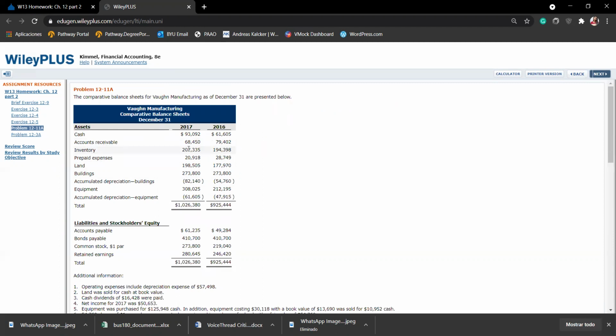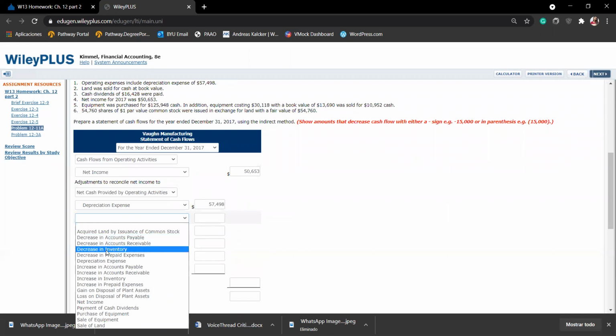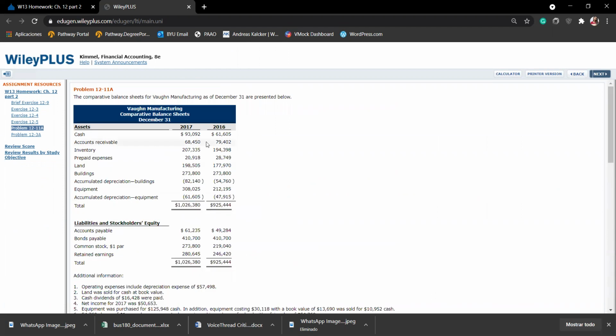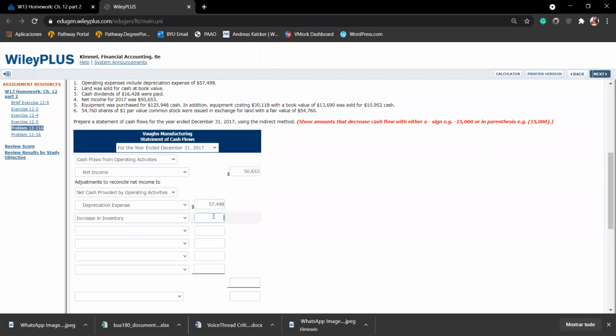From this year to this year, we see that the inventory is increased. So we are going to select here an increase in inventory. The difference between these two amounts of both years is going to give us this number. And this number is negative.